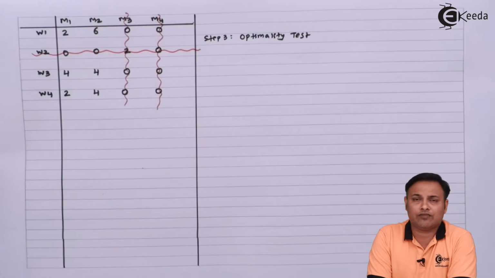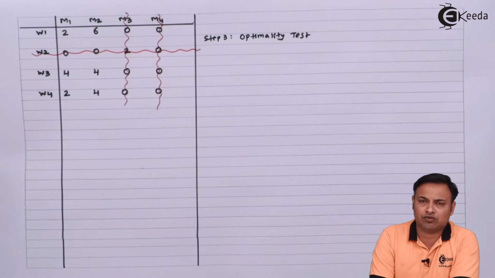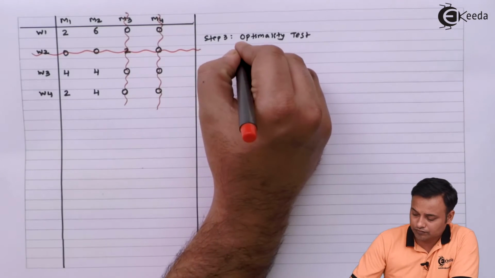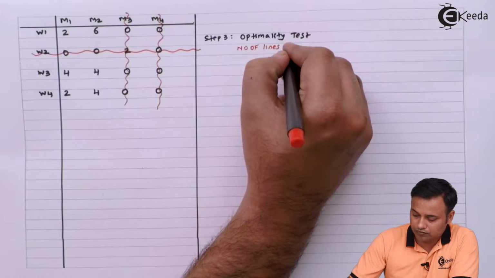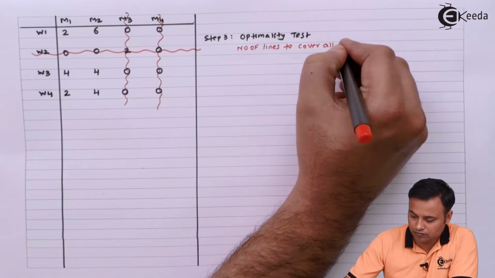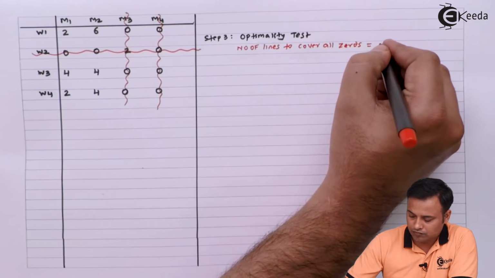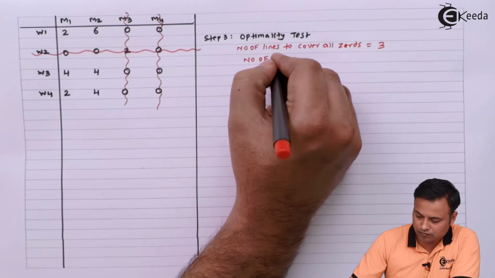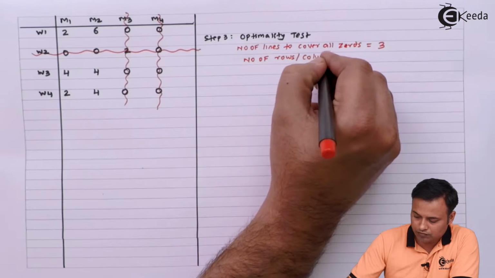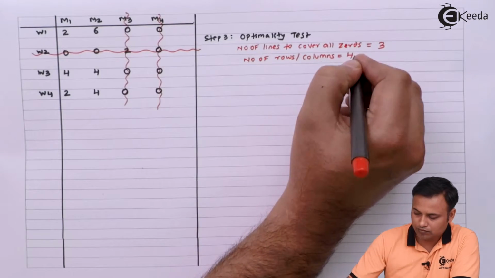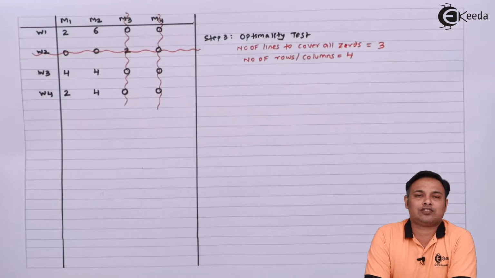Now let's see what can be done in this case. I will first note down my number of lines to cover all the zeros is 3, whereas my number of rows and columns is equal to 4.